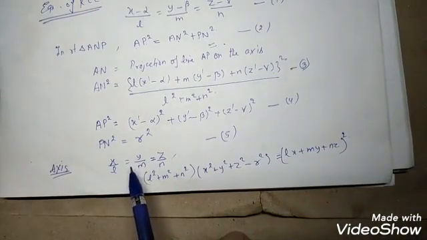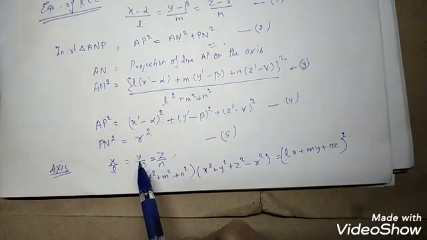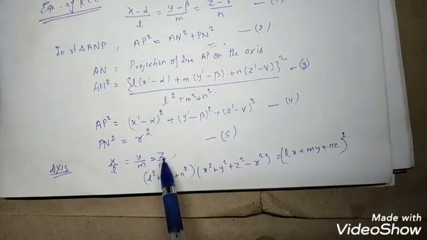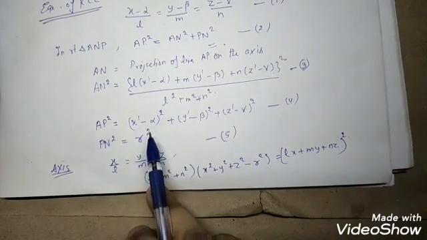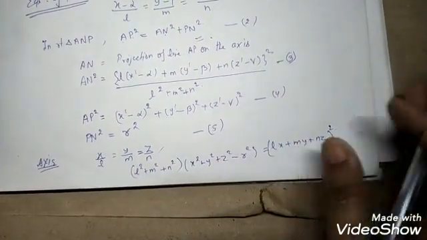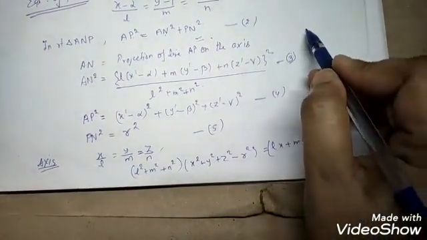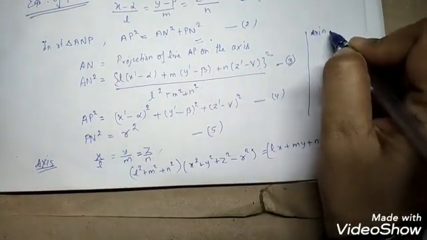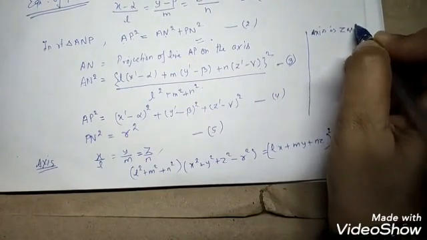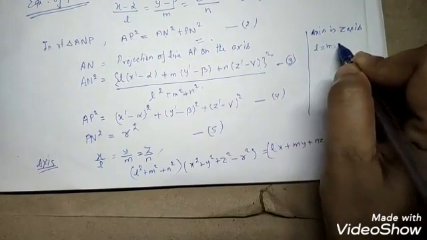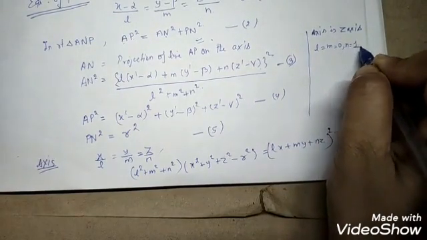This holds if the origin lies on the axis of the cylinder. Now for the equation of the right circular cylinder whose axis is the z axis, we have l, m equal to 0 and n equal to 1.